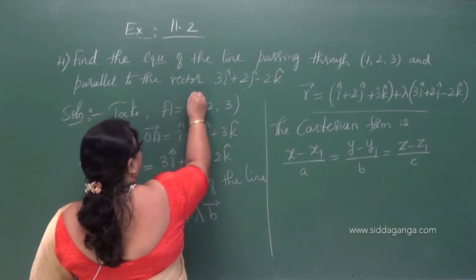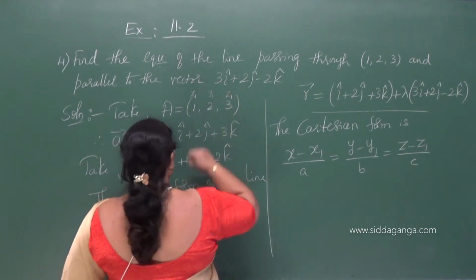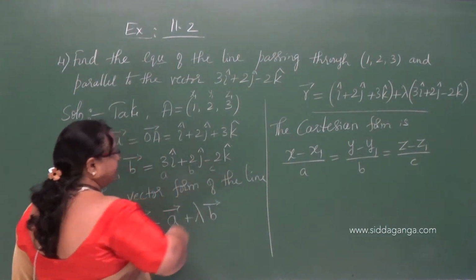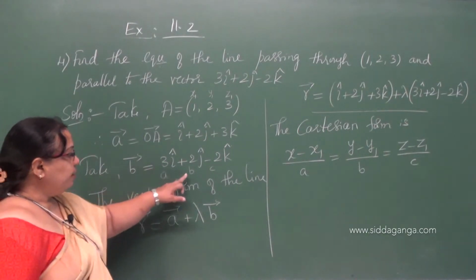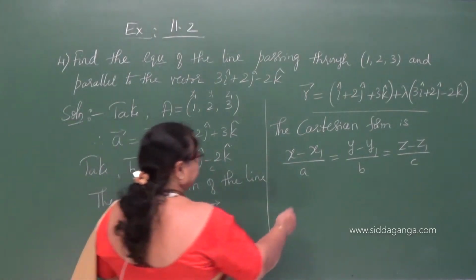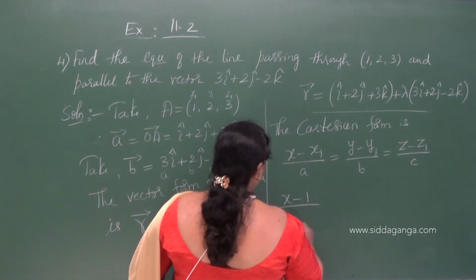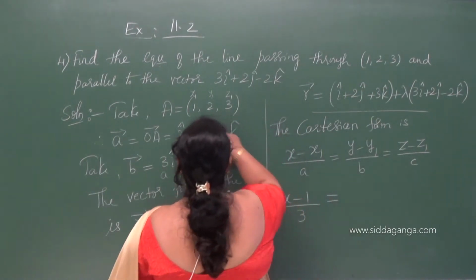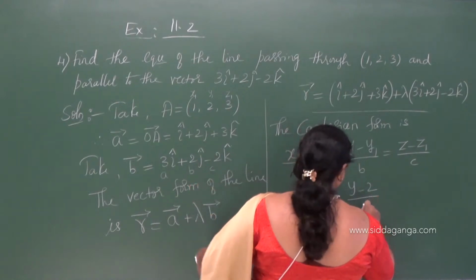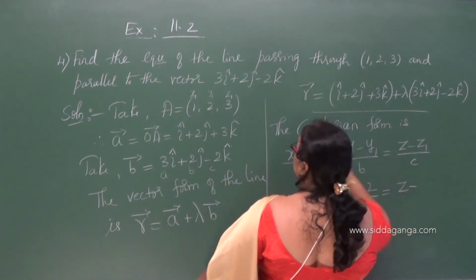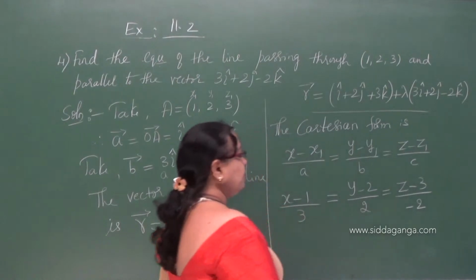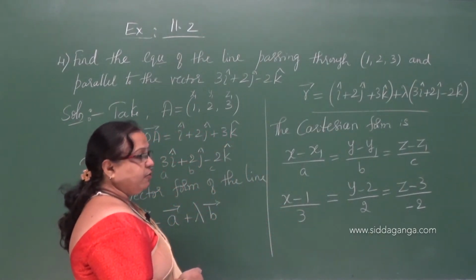Here the point given is x1, y1, z1, and the components of vector B are what we take. The a value is plus 3, b value is plus 2, c value is minus 2. So that is (x minus 1) divided by 3 equal to (y minus 2) divided by 2 equal to (z minus 3) divided by minus 2. Now this is the equation of the line.